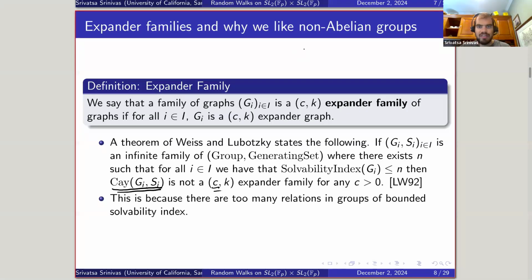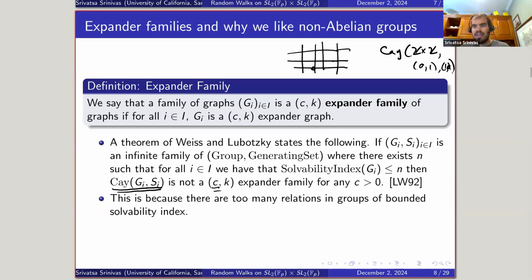Because, for example, let's look at the grid. The Cayley graph of Z cross Z with the generators (0,1) and (1,0) is a grid because there are too many relations, right?